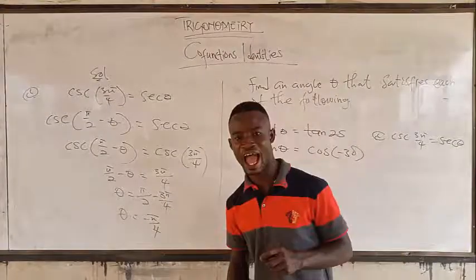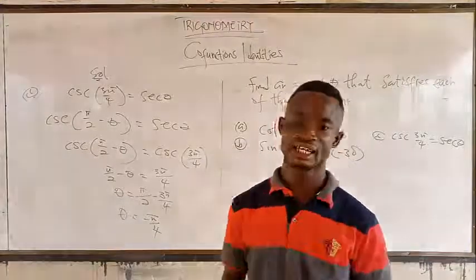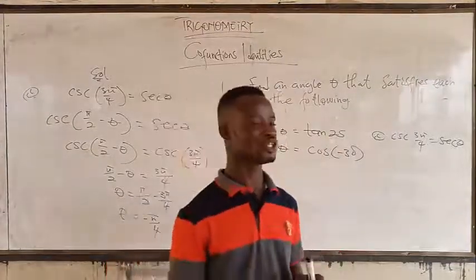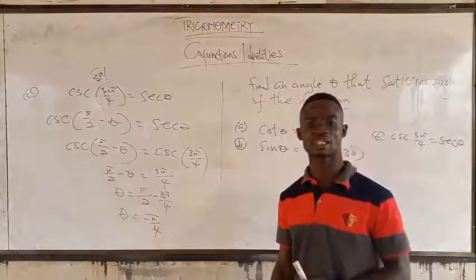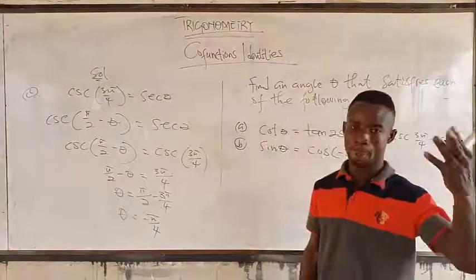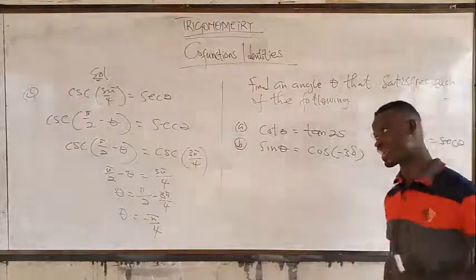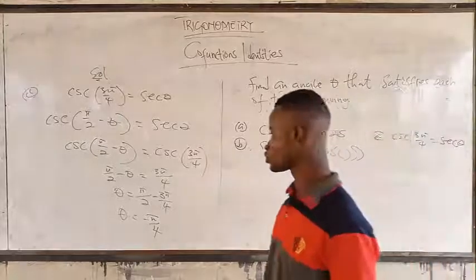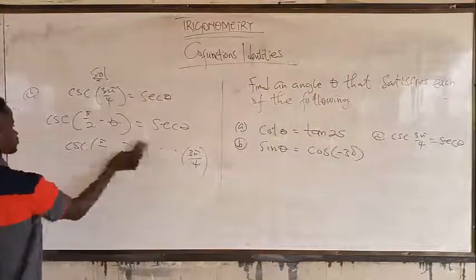Then the identity is going to allow us to write the expression in terms of a single function of A or B. How do we do that? All right. Let's go for the third question and see how such is going to be related.